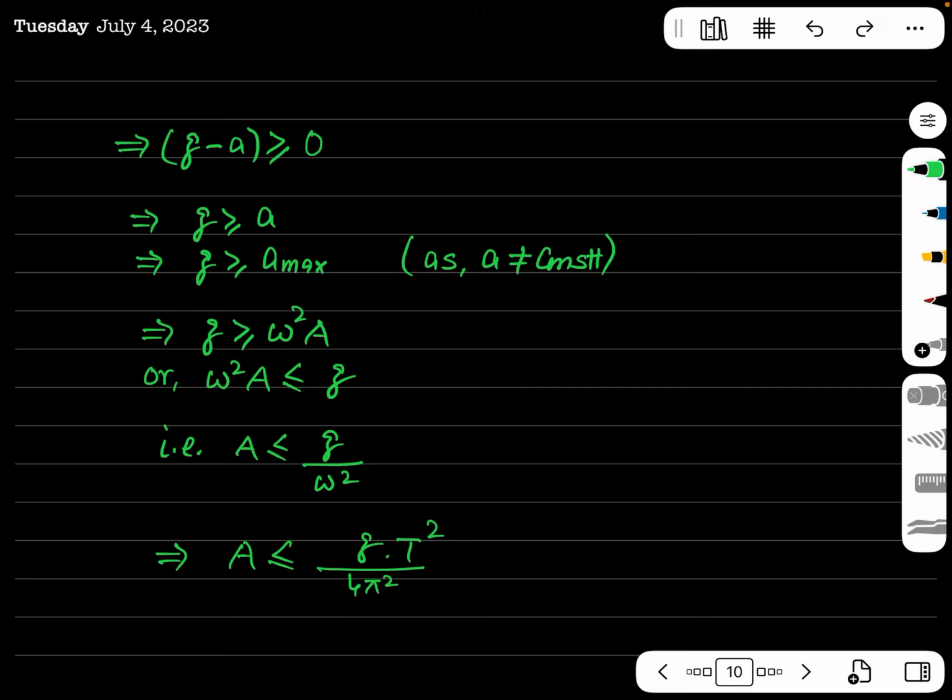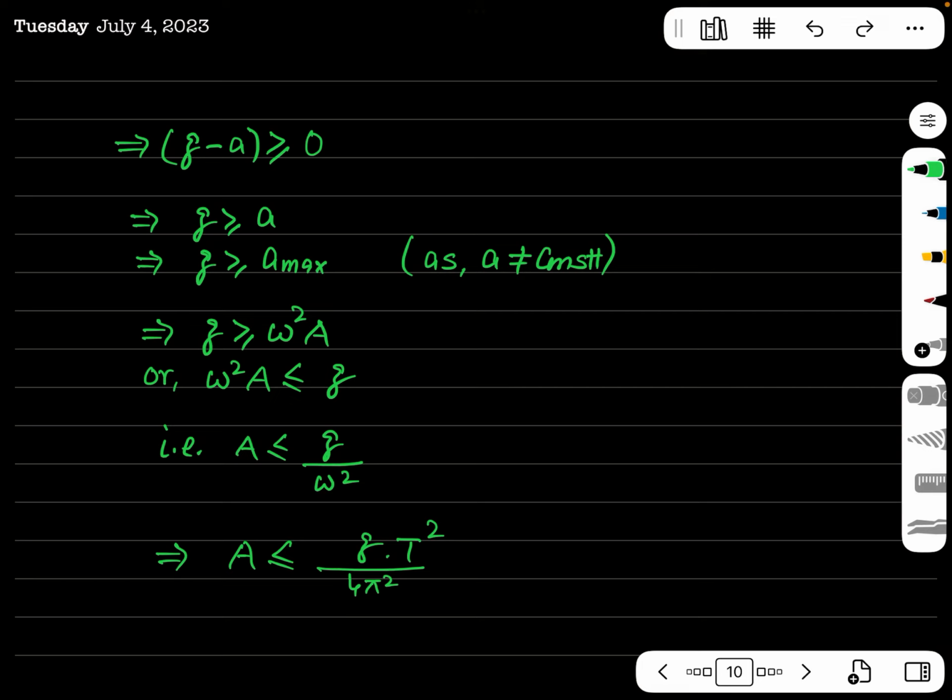And as a is not constant, so if you say that g is at least equal to a, either equal or greater than a, it means you must take the maximum value of a. Because if you will not take the maximum value, then when you take g equal to a, that will not be greater than a. Okay.